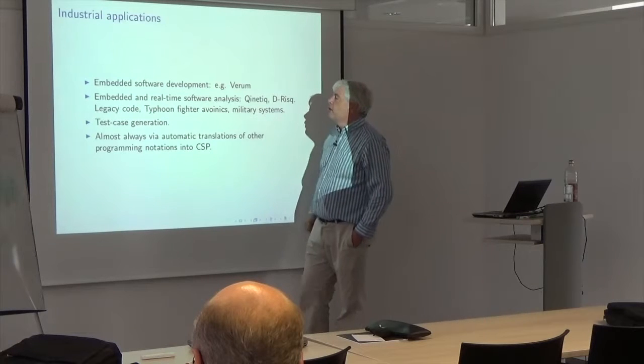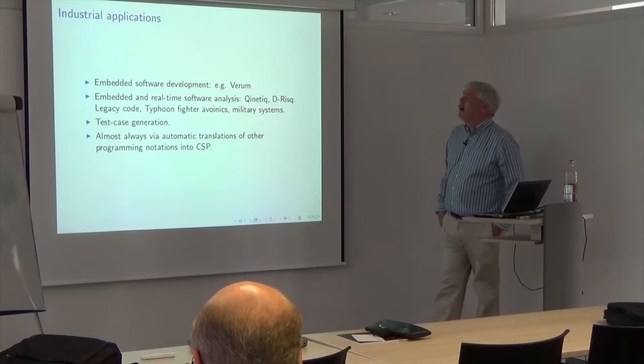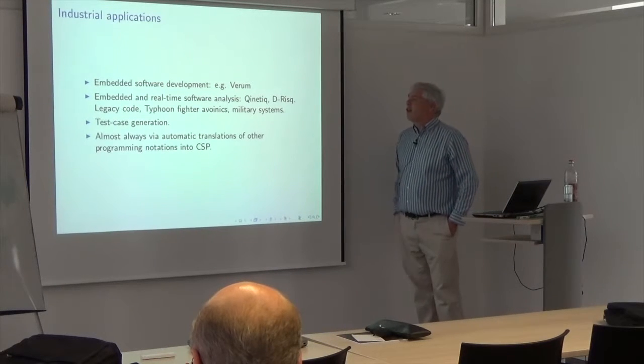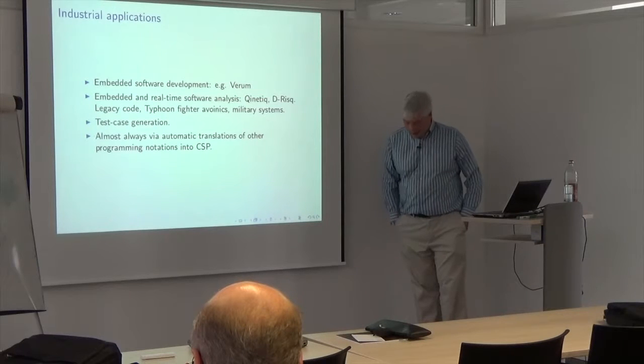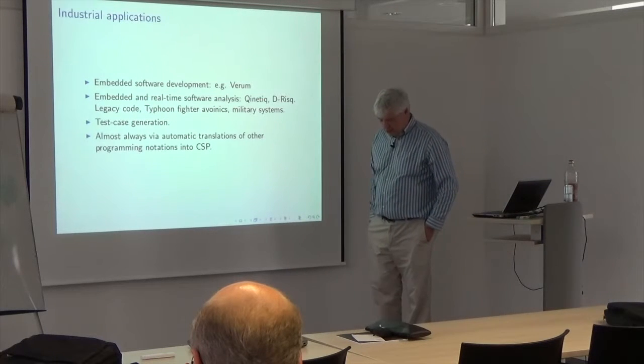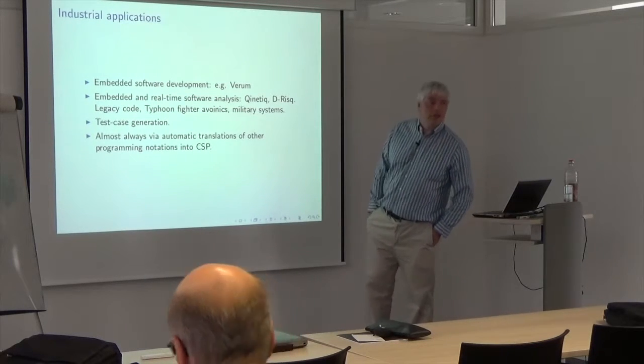I see I've misspelled avionics there, but I'm sure you know what it means. So a large number of things that either went or potentially went bang were verified through FDR, which I'm not sure if I'm proud of that or not. I suppose I should be.